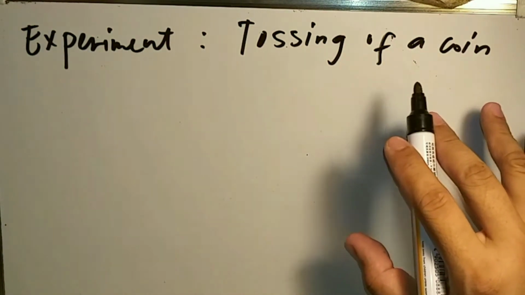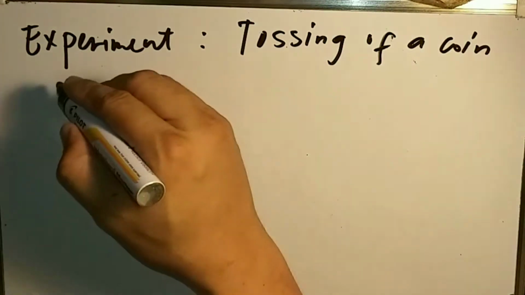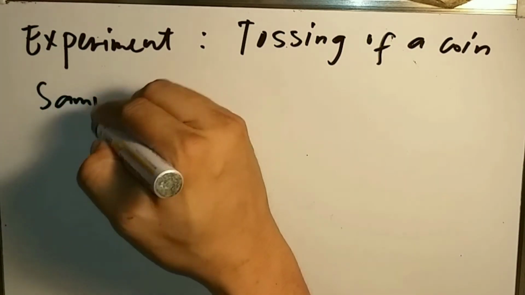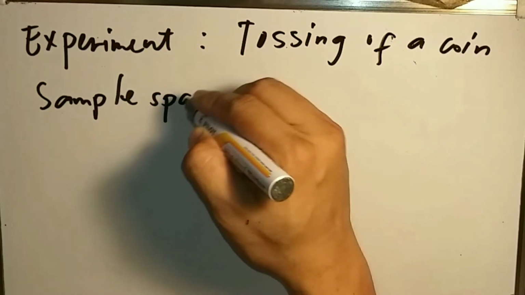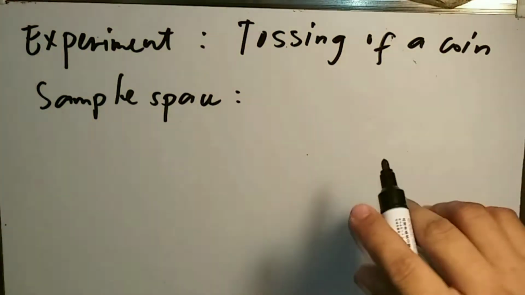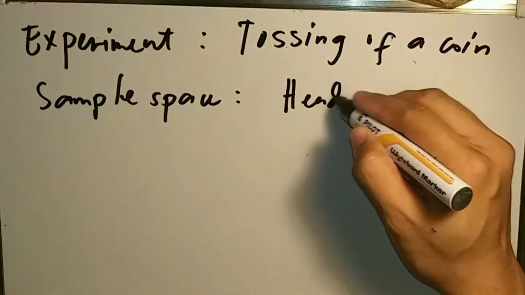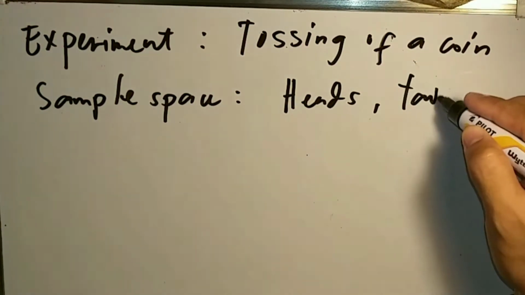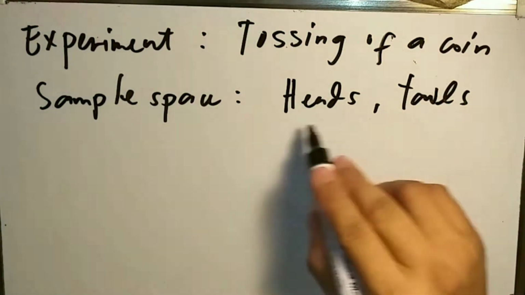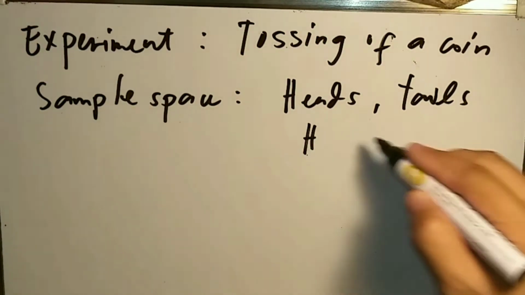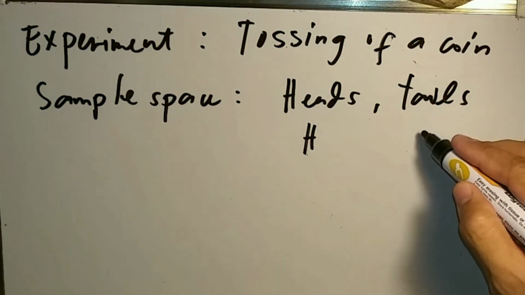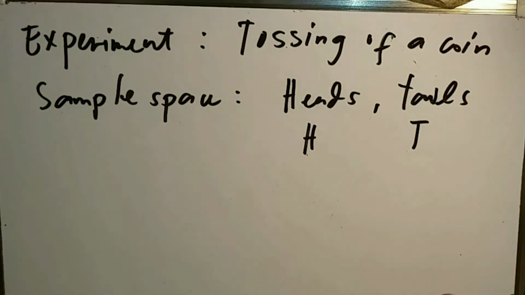Now, for this experiment, our sample space consists of the outcomes heads and tails. So we let heads be H and tails be T.